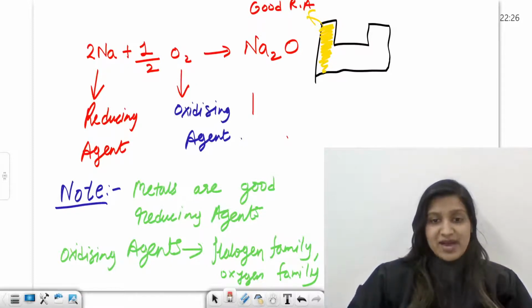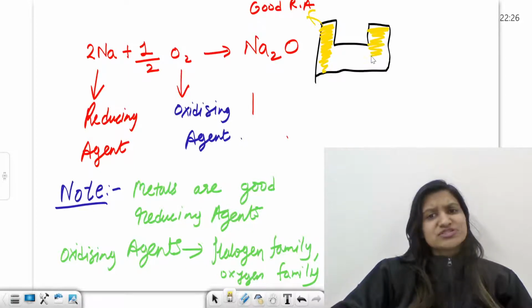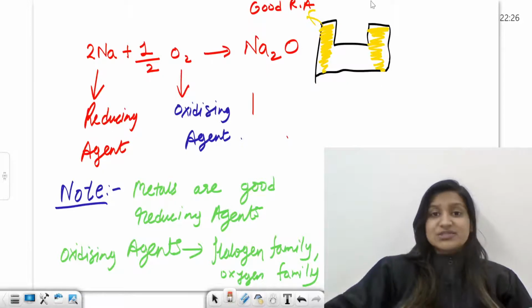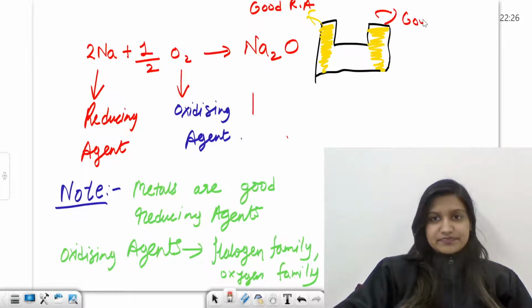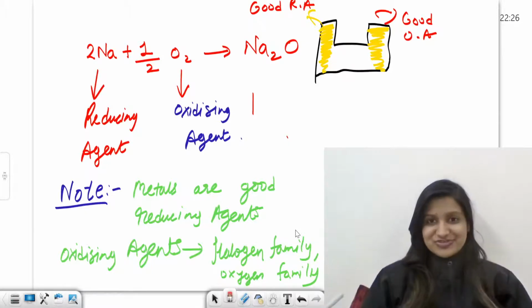And the ones at the rightmost side, halogens, oxygen family, nitrogen family, will be good oxidizing agents. Why? Because they want to gain electrons, right?